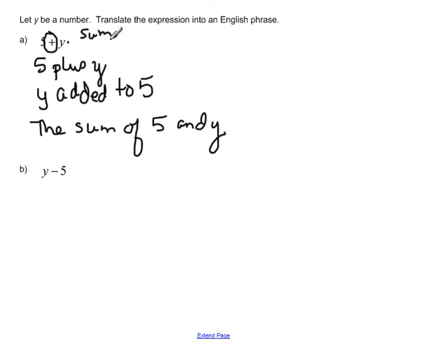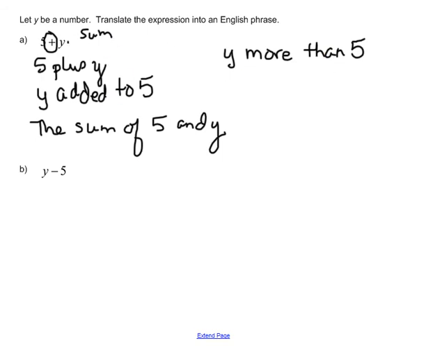Because we know addition has to do with things being more than something, we could also say y more than 5. Okay, so lots of different ways, and these aren't the only ones. You could also probably come up with some other ideas for ways to talk about this, but these would be some of the most common ones for doing this translation.